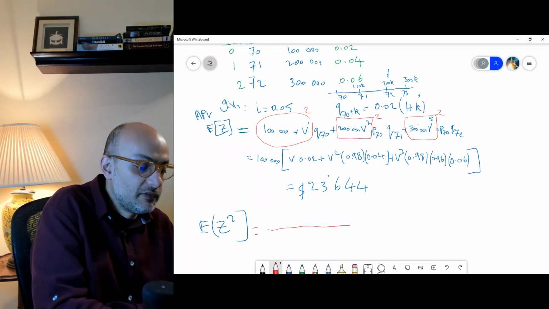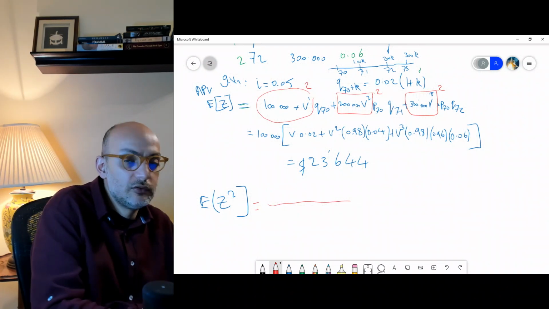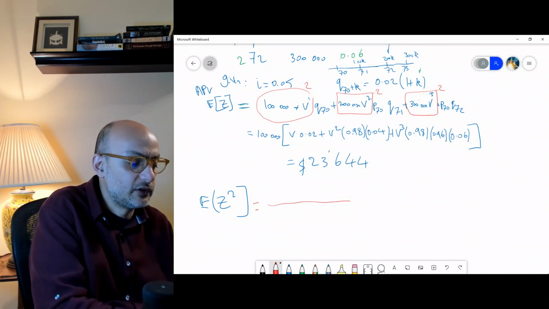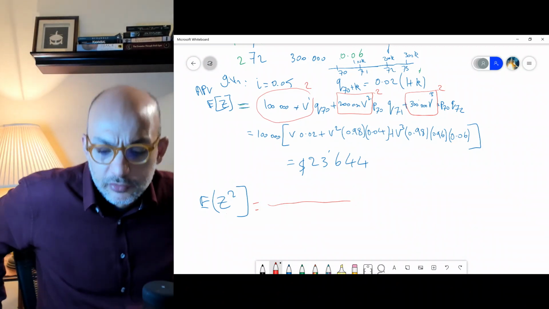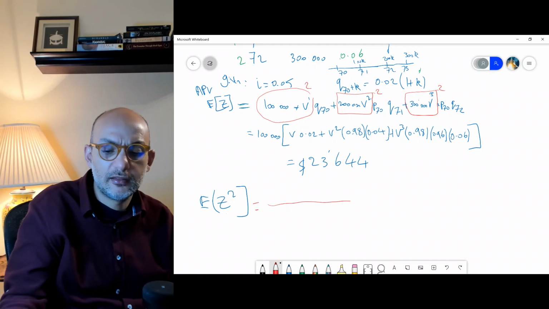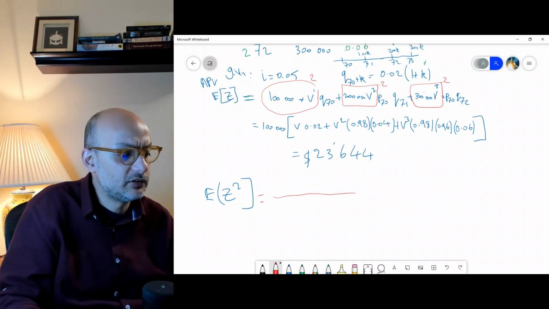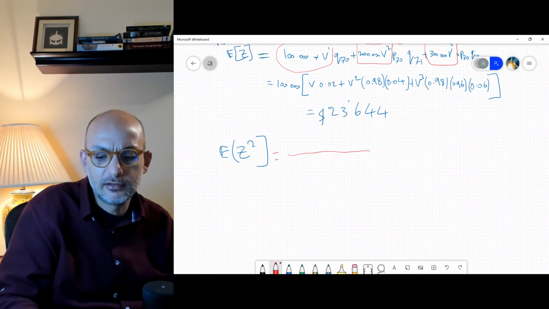And if you want the variance, you take the second moment minus the first moment squared. There's not much complication here; you just need to be careful when you write it down.